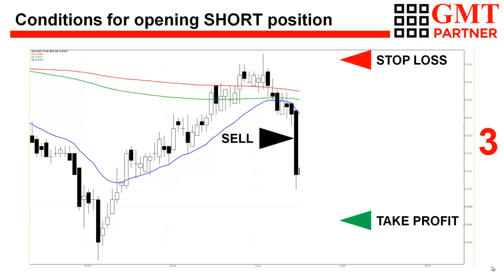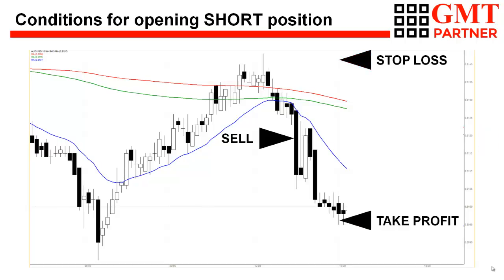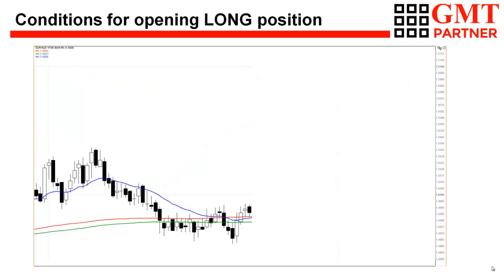The third slide shows when the take profit order is executed and what happens next. As you can see, the stop loss order is cancelled automatically after the take profit order is executed. The next 3 slides demonstrate how the strategy works in case of a long position.